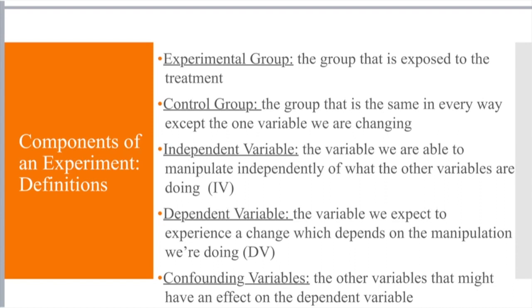The independent variable is what we're able to manipulate independently: kids get sugar or they don't. A dependent variable is the variable we expect to experience a change. So ADHD symptoms, how hyperactive are they, how unfocused are they, and whatnot. We also know that confounding variables exist, and these are other variables that might have an effect on the dependent variable.